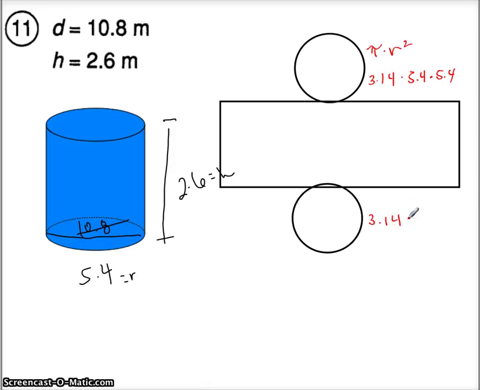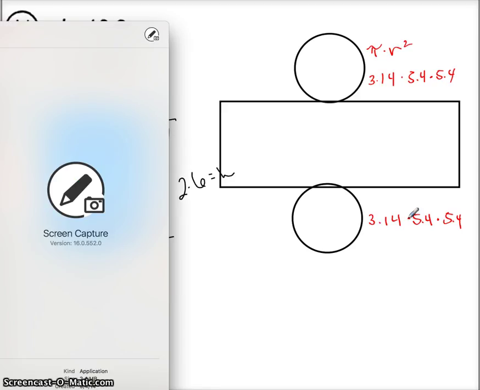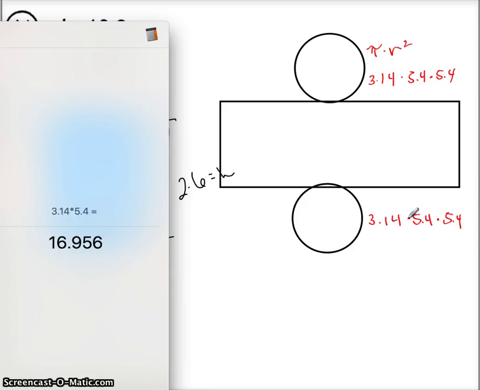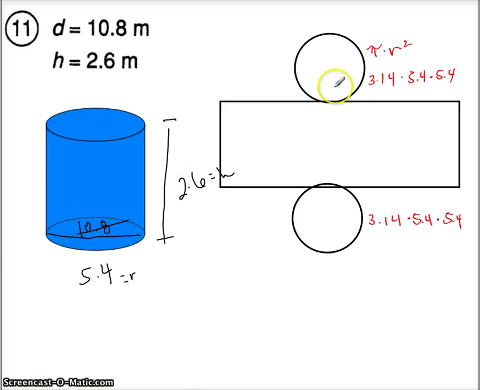Okay, so I'll figure out those. 3.14 times 5.4 times 5.4. We end up with 91.56. So I'm just going to round this to 91.56.